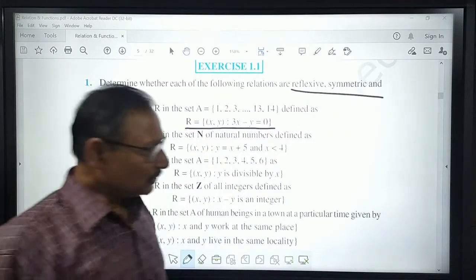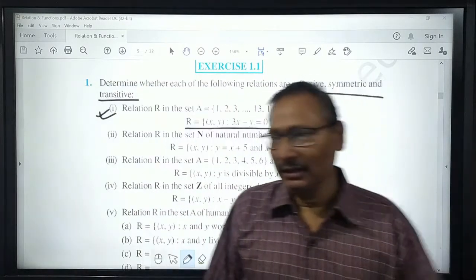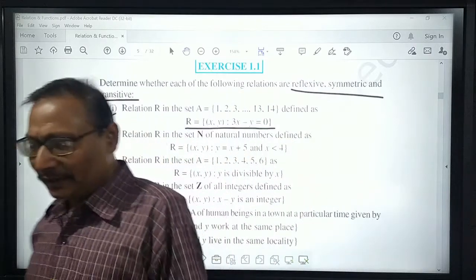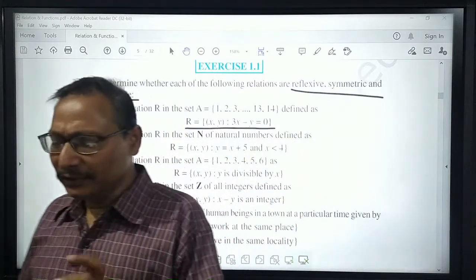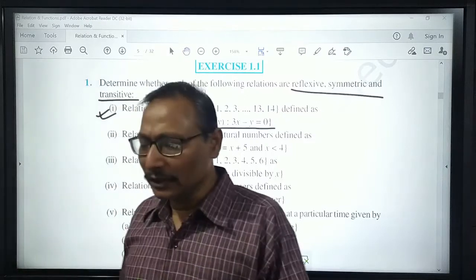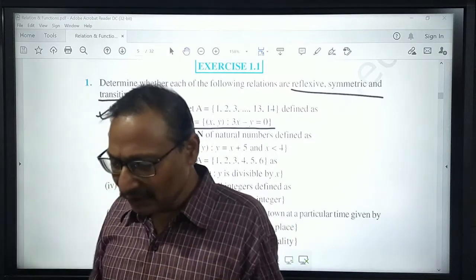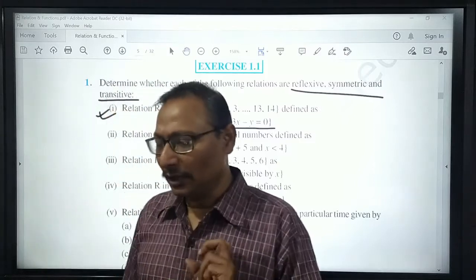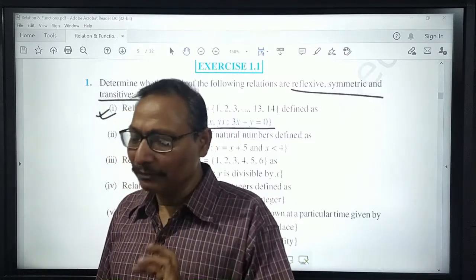Okay. So in this process, mind it, whenever any relation is a very small one, containing not many elements, we should have a simple strategy.